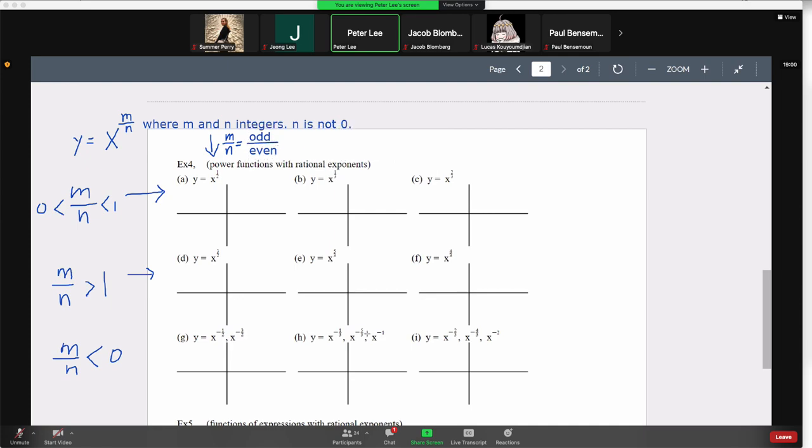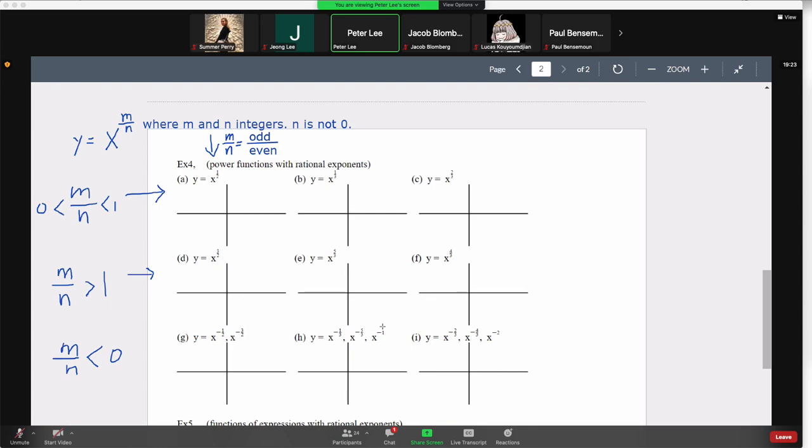If you look at the second column, it's an odd root power. And then if you look at the third column, it's an even root power. So there's a common thing for every column and every row. And because of those algebraic similarities, there's also a graphical similarity. There's something common graphically for each column and each row.